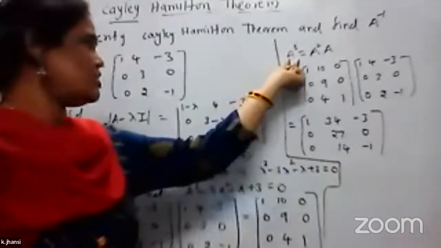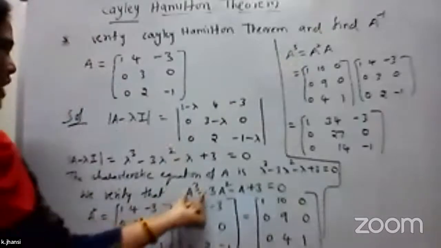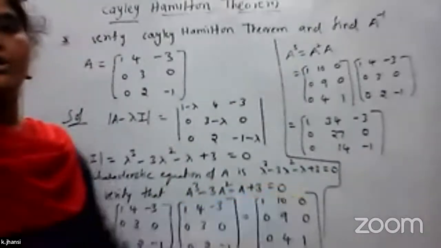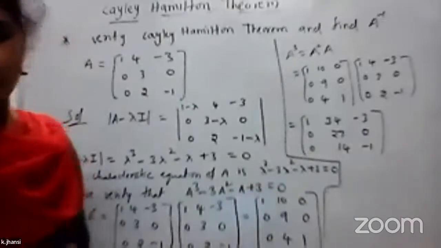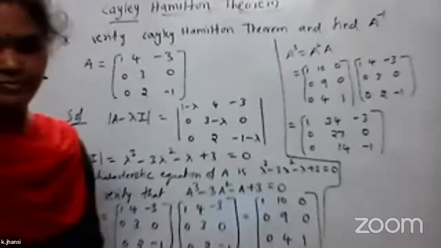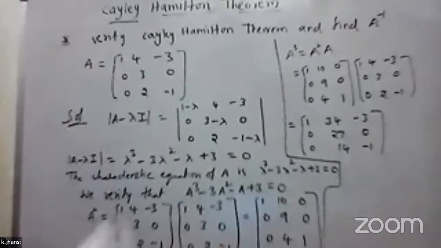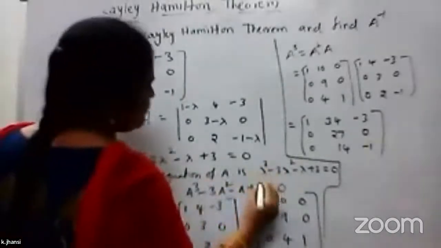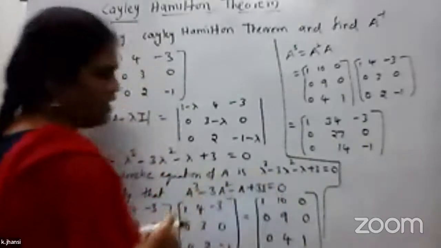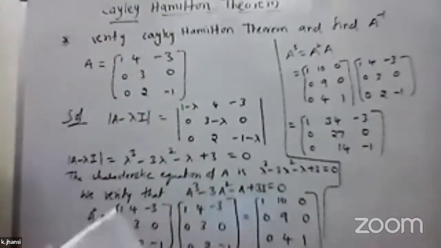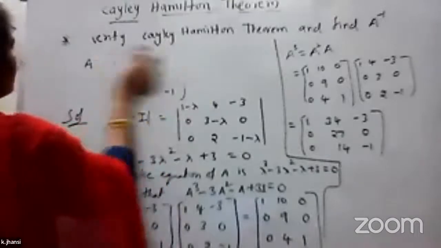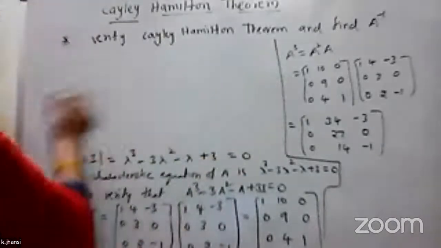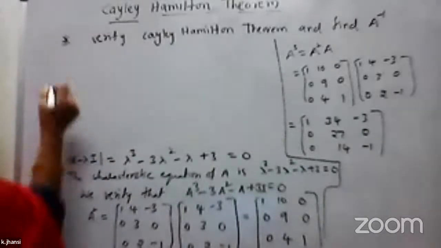So if you substitute this A cube and also A square and A value plus 3, you have to get the equation equal to 0. Okay. So minus A, and here when you write 3, you will get it as 3I equals to 0. So if you substitute here, what is our characteristic equation?